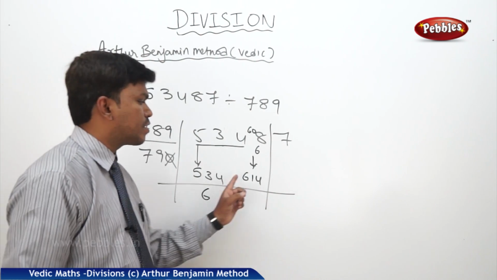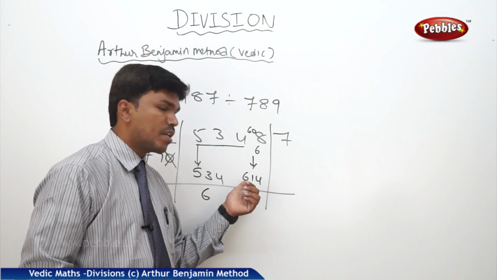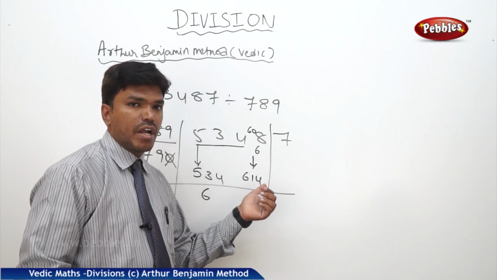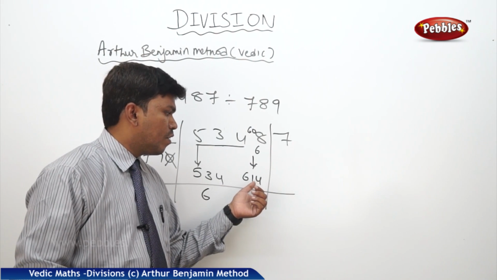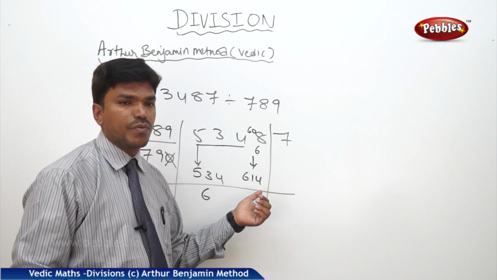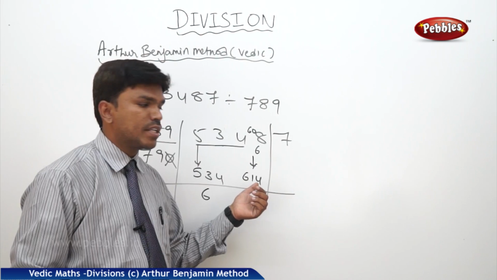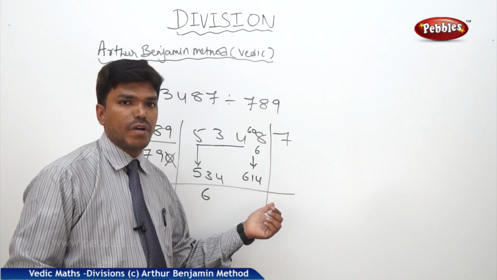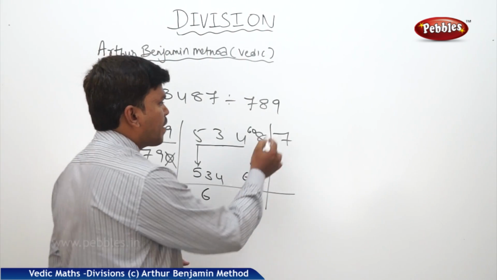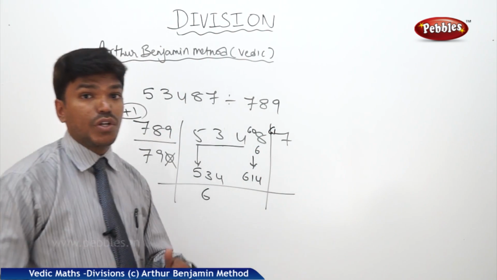Let us do it like this. 614 minus 553. 614 minus 500, okay, 114 minus 53 you need to do. 114 minus 50, that is 11 minus 5, 6, and 4 minus 3, 1. 61. So 61 will be my remainder. You can do it in the mind easily.